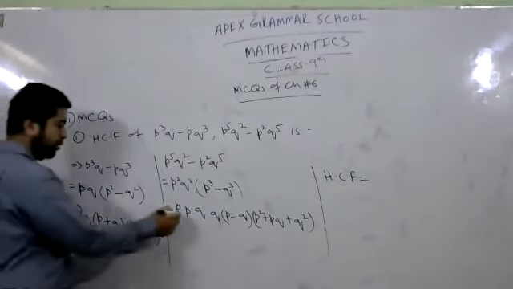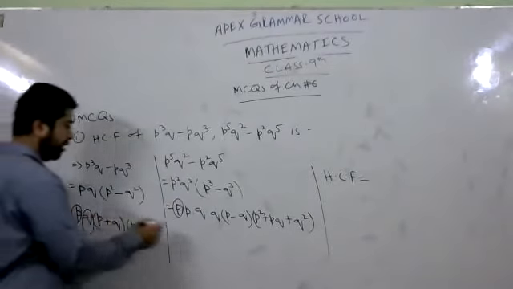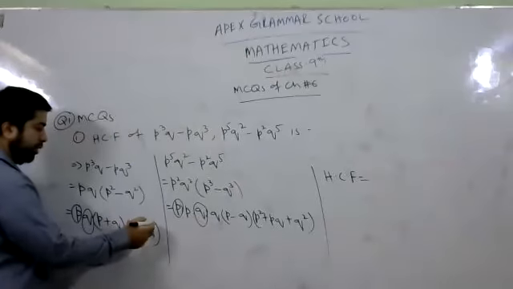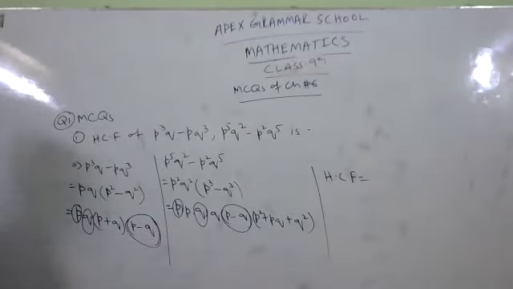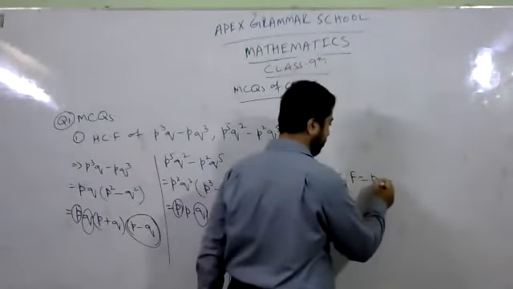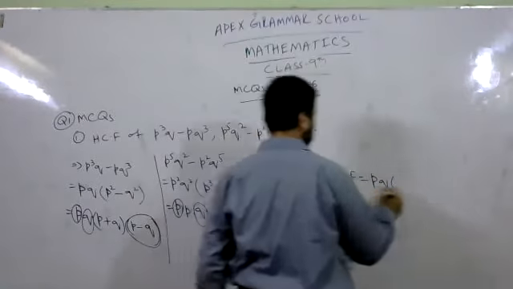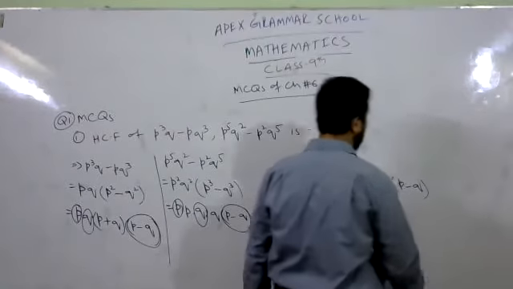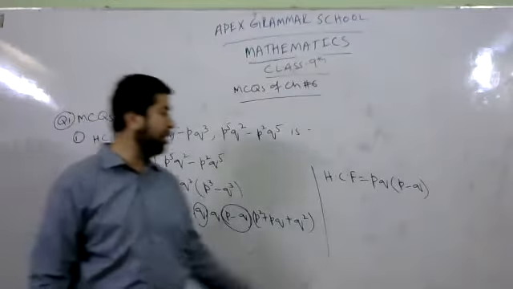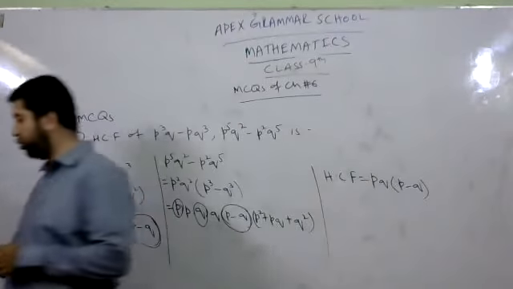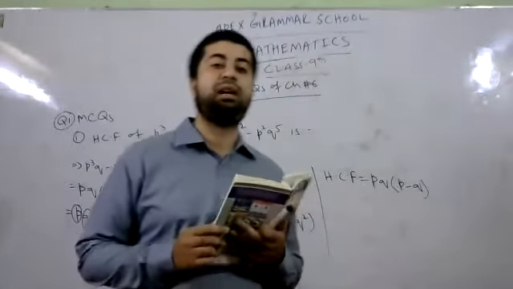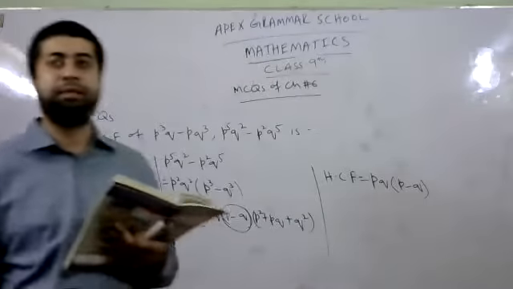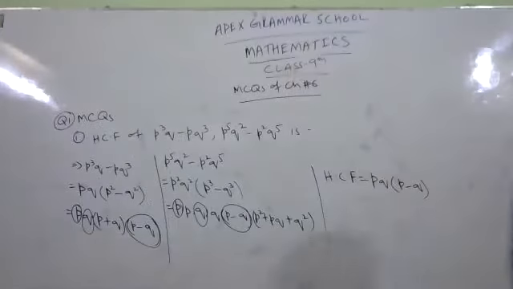This P is common, this Q is common, this P minus Q is common, and nothing other than that: P, Q, and then P minus Q. Now we are able to find the right answer, that is PQ into P minus Q. So the correct option is option B. You need to tick option B, PQ into P minus Q.